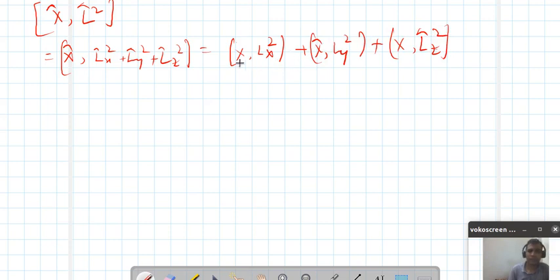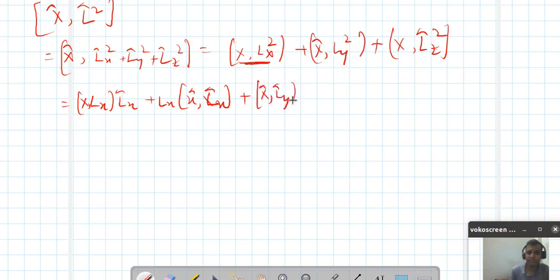So x with Lx square is equal to x Lx commutator with Lx plus Lx x Lx, right? Similarly, this can be written as x Ly commutator with Ly plus Ly x Ly.